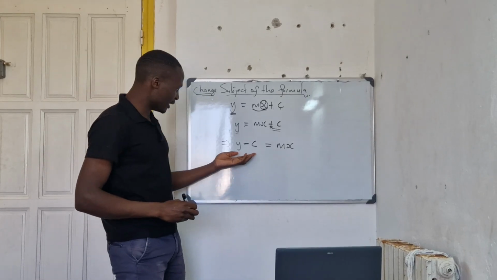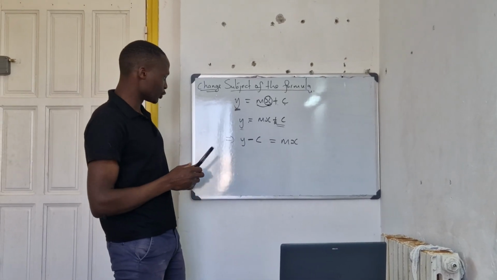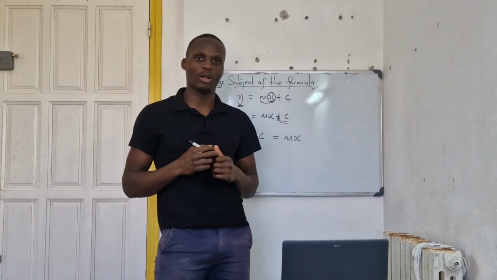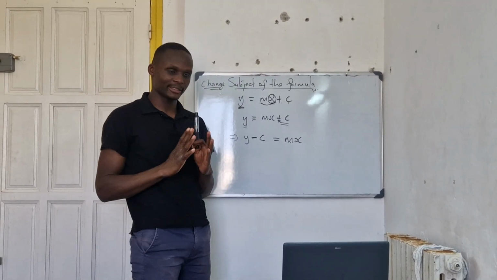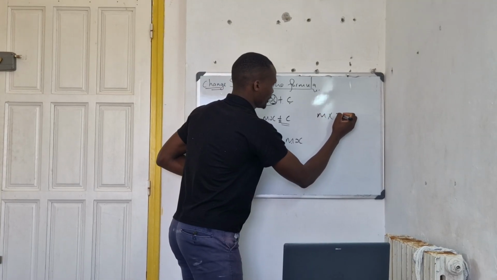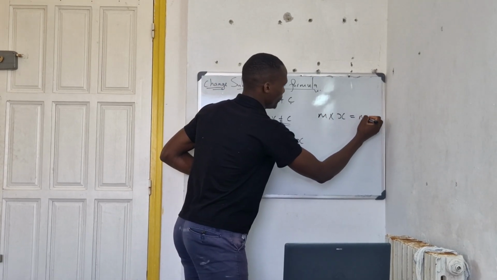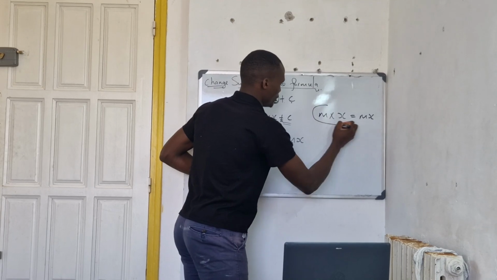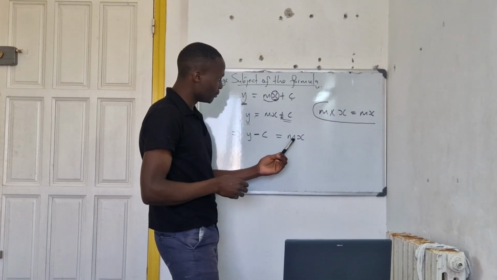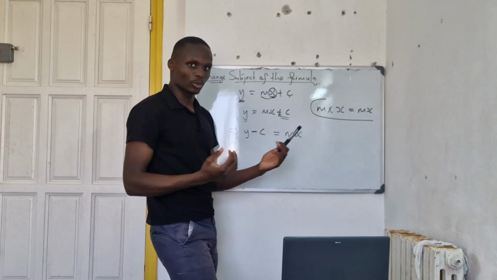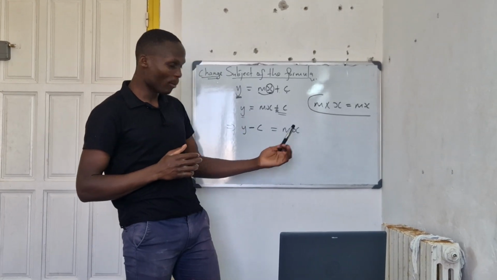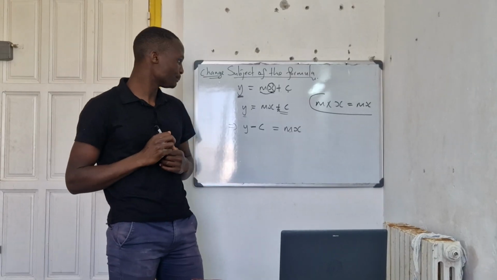Then at this point, there is multiplication according to the rules of algebra. So mx is equivalent to m times x. That's mx. So to get rid of m, there is multiplication, so to remove that m, we do the opposite of the operation, which is division.